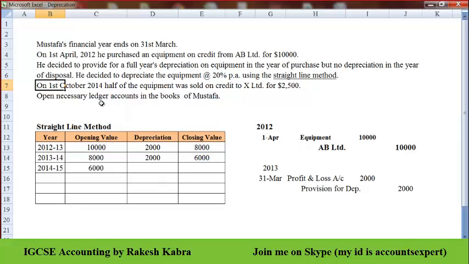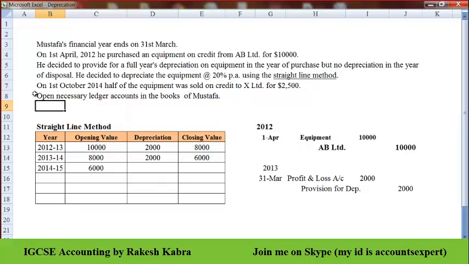So see it, April, May, June, July, August, September, October. It means 6 months over. Now this is the first day of the 7th month, 1st October.